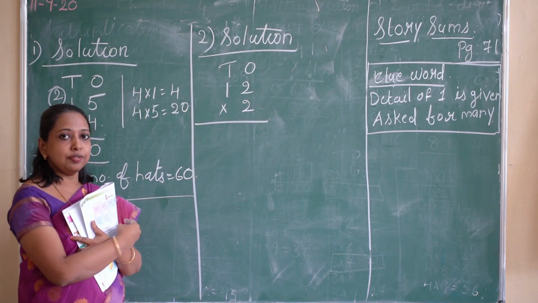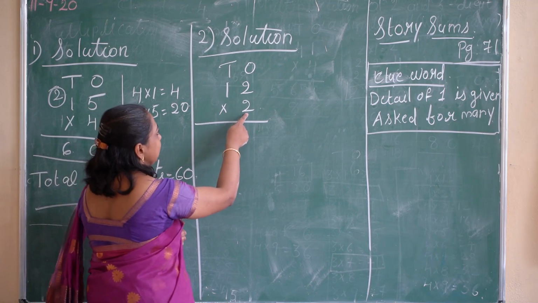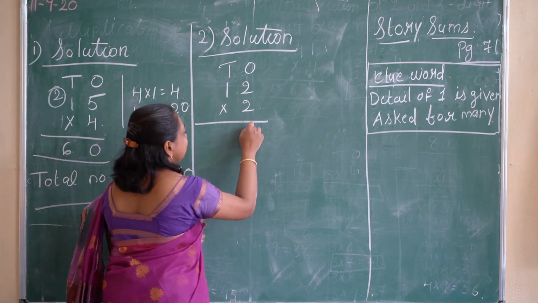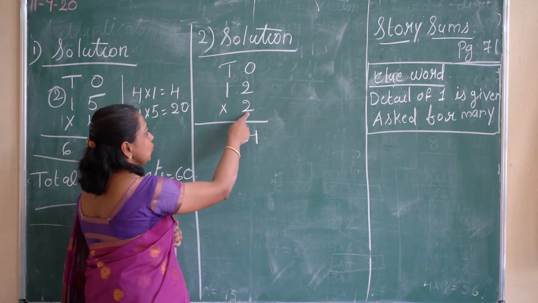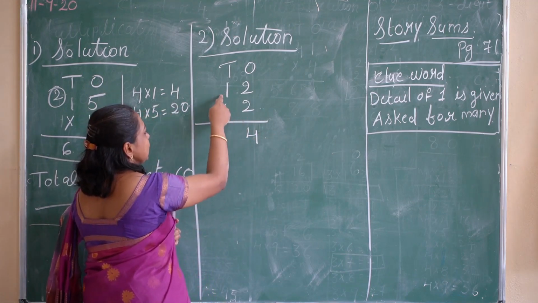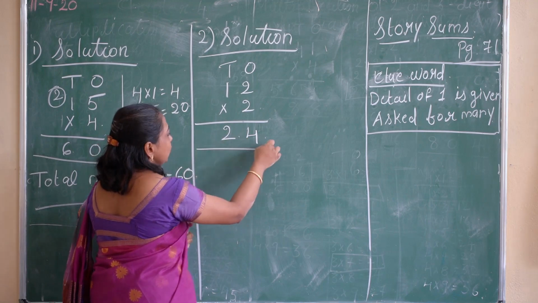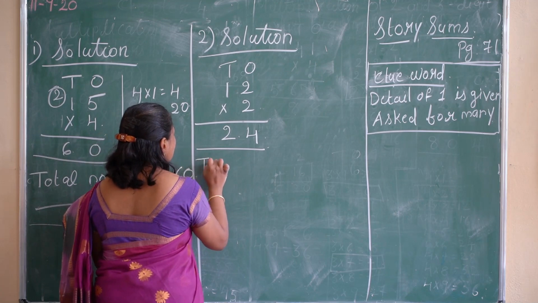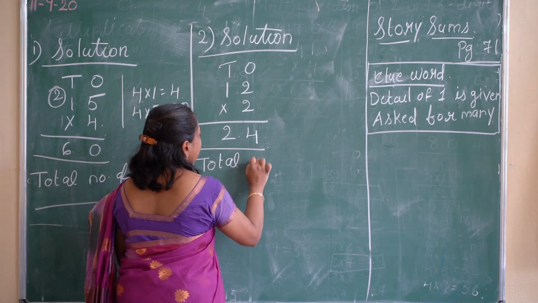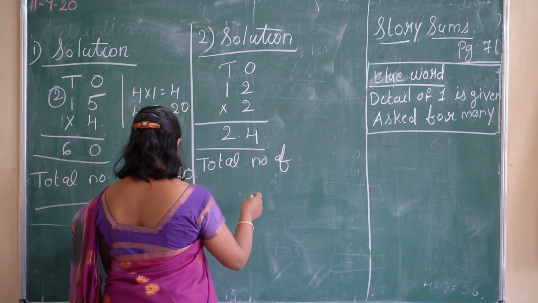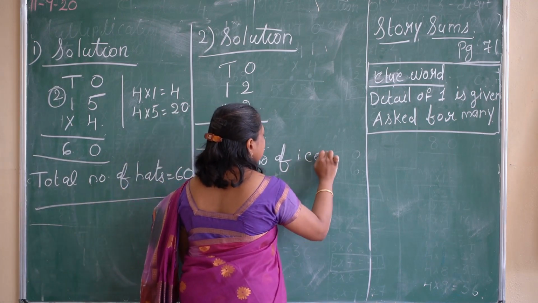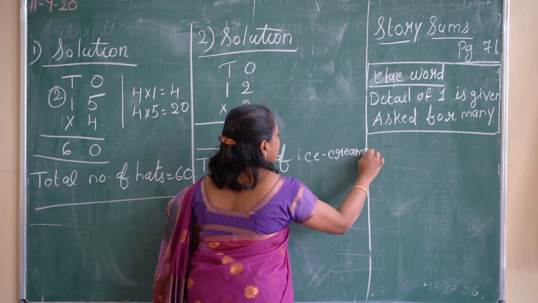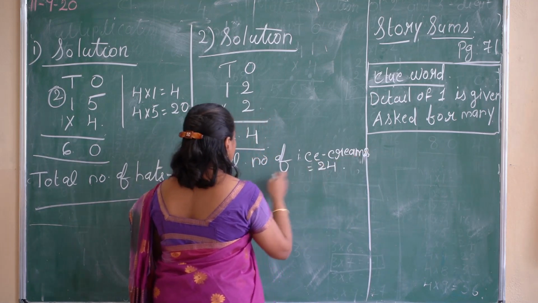Remember the table of 2. 2 multiplied by 2, 2 2s are 4. Now 2 multiplied by the digit at the tens place, 2 1s are 2. You got the answer 24. So what is 24? Total number of ice creams is equal to 24.